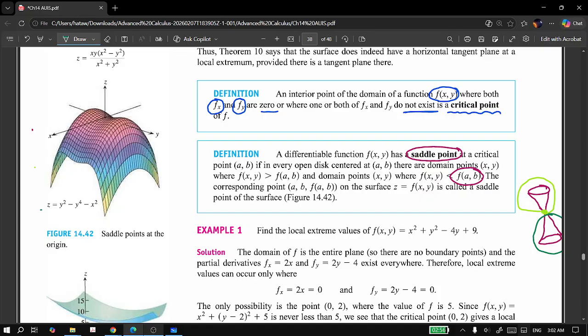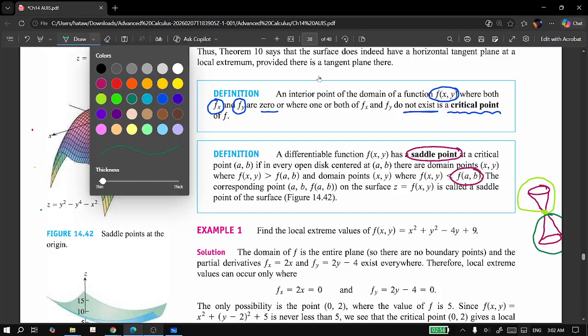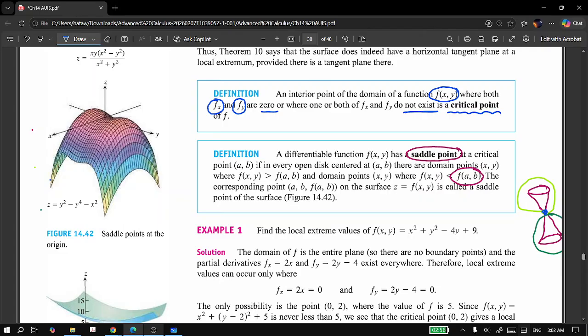So this point that is given in here is a min and also a max point at the same time. So when we have a point that is maximum and minimum at the same time, that's called a saddle point for the function that is given to us.